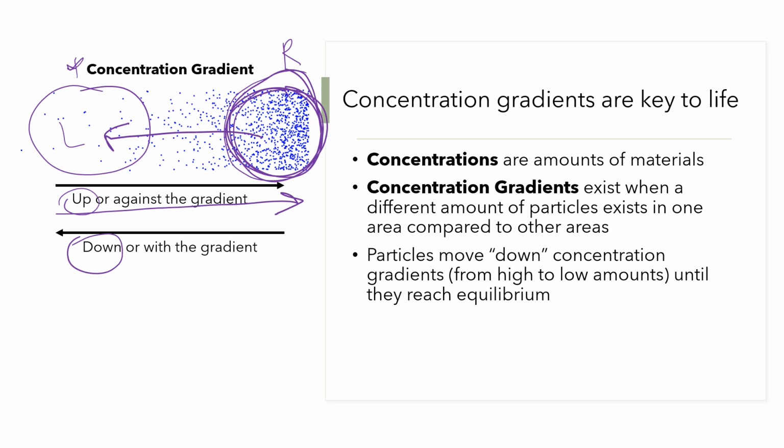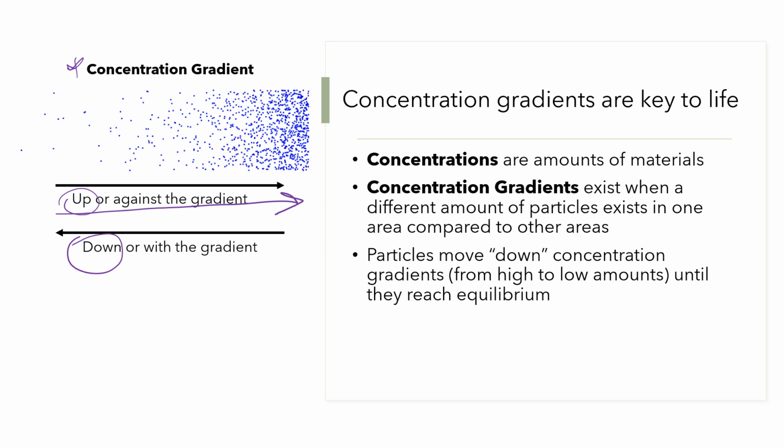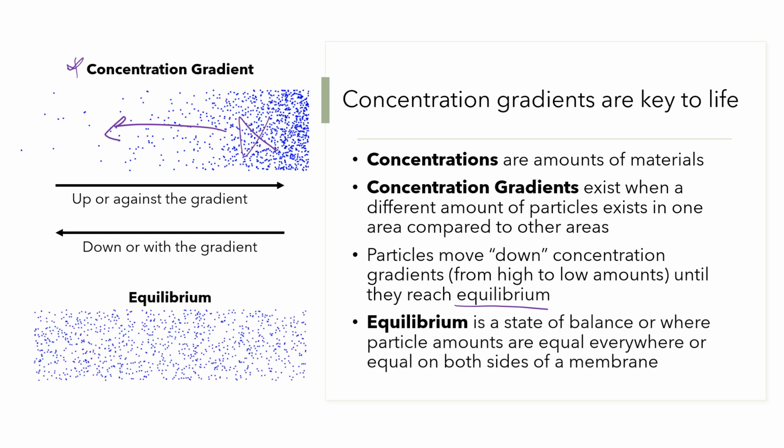So this gradient will only be temporary because all of these molecules that are gathered together on that high end, they don't want to stay there. They want to move down the gradient, from this high amount to the low amount, until they reach what is called equilibrium. This is a state of balance where the particles are equal everywhere in the given space, or where they're equal on both sides of a membrane.